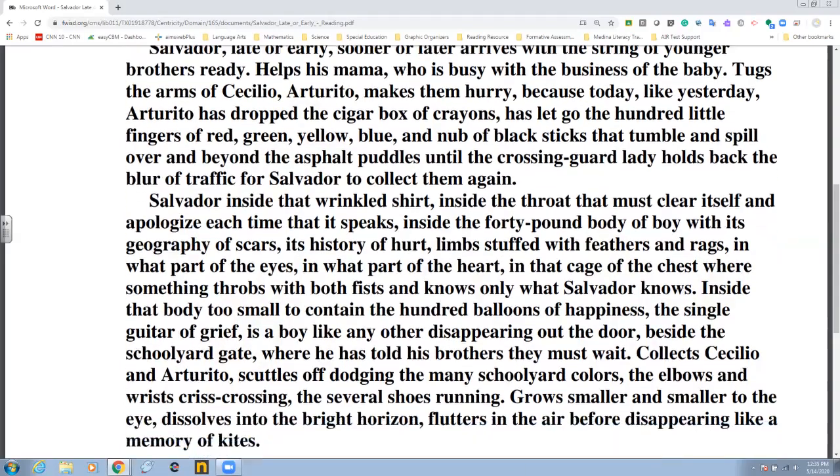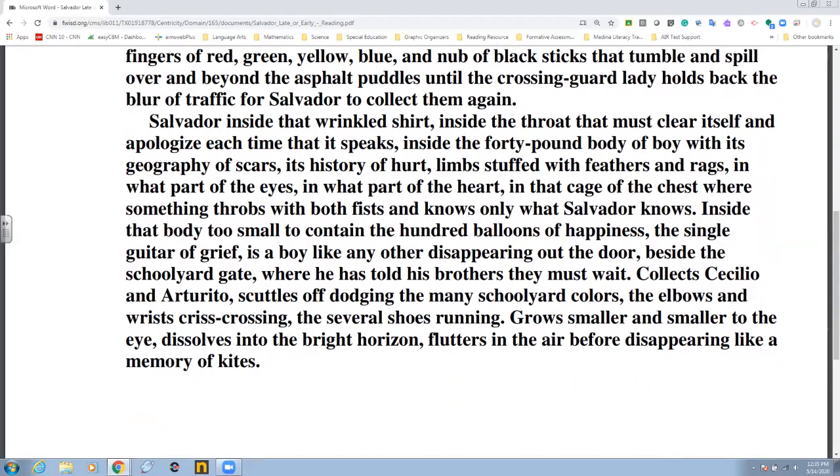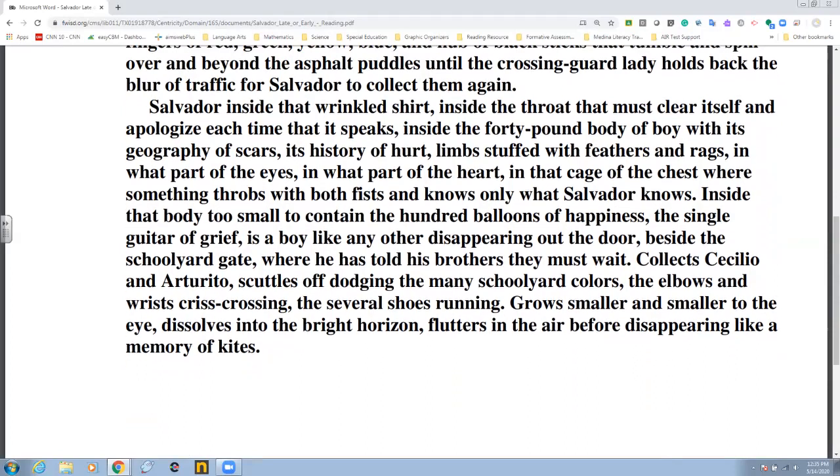Salvador, inside that wrinkled shirt, inside the throat that must clear itself and apologize each time that it speaks, inside the 40-pound body of a boy with its geography of scars, its history of hurt, limbs stuffed with feathers and rags.